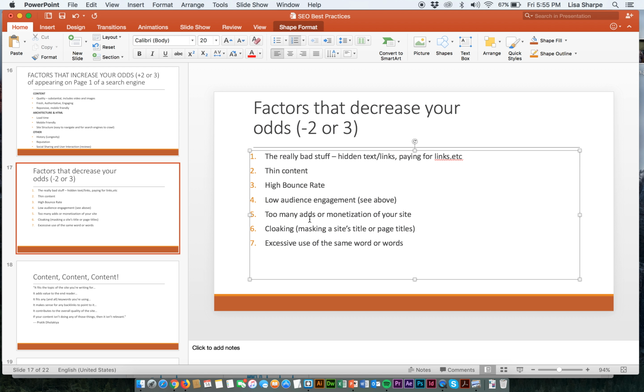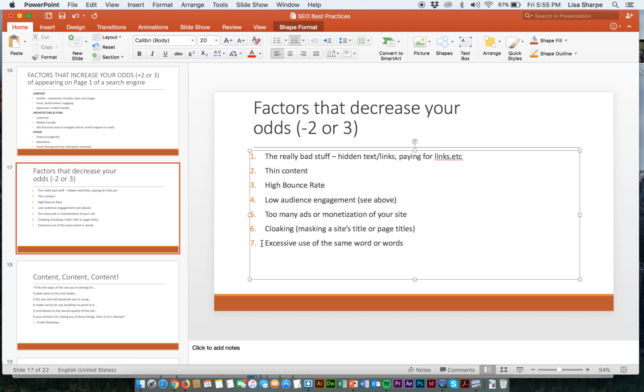Boy, that's a typo there. Too many ads on the site will definitely make you rank lower. And cloaking or masking a site's title or page titles. Now, we will get into cloaking when we get into WordPress. So masking the site's title or name is a signal to Google, hey, these people are trying to do something fishy.